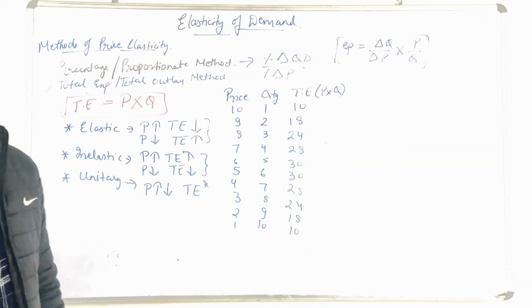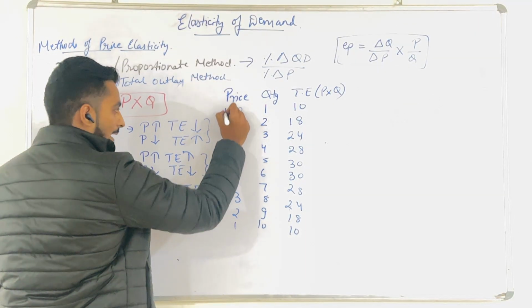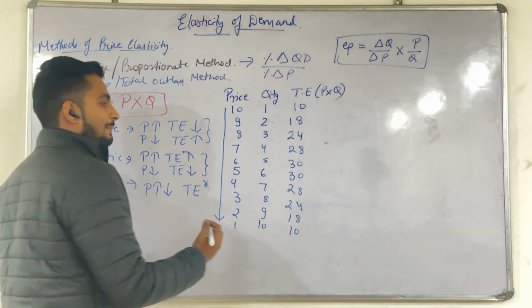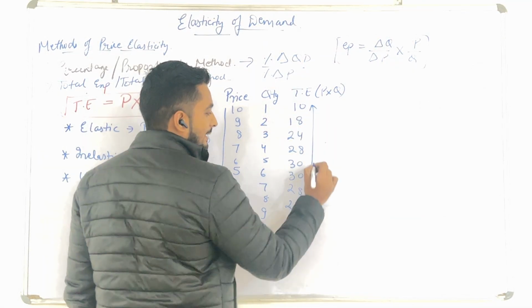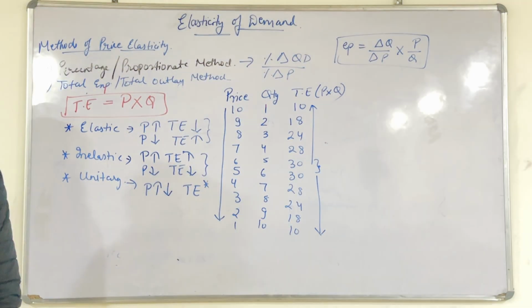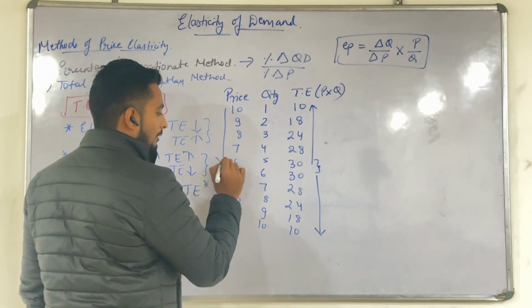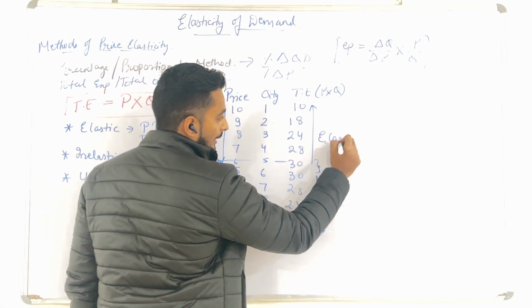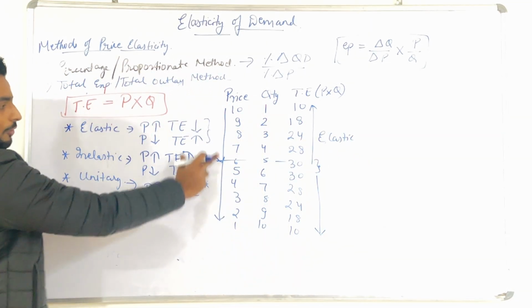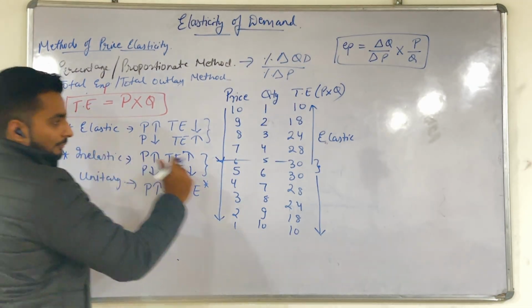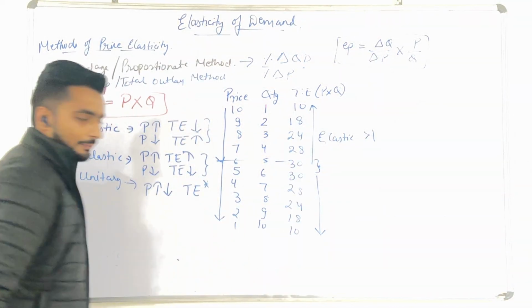Now we have to see the relation between the price and total expenditure. Price is continuously decreasing, while total expenditure increases, stays constant and then decreases. When price falls, total expenditure increases, that is known as elastic, which shows more than 1.